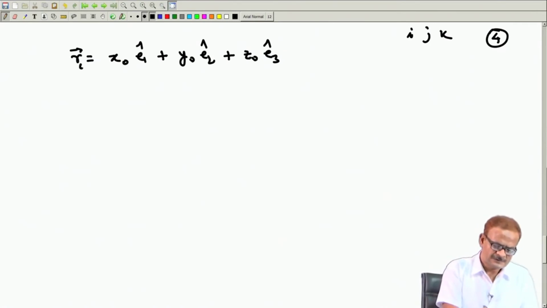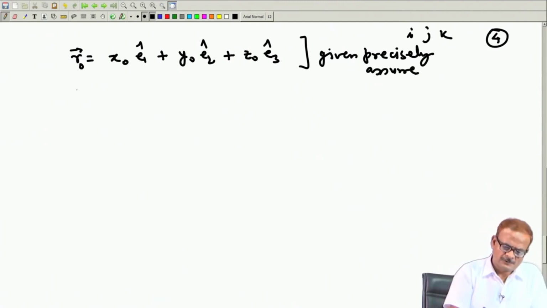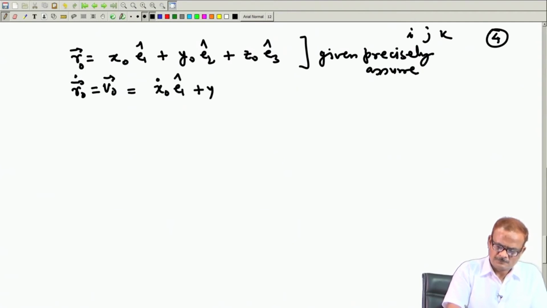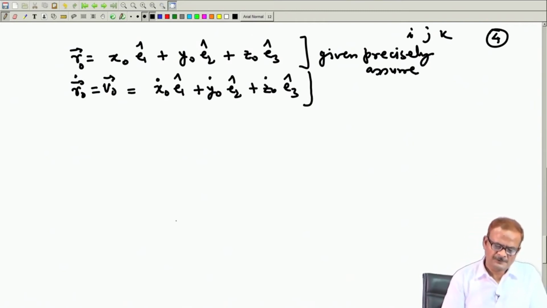So, this is the initial point, and let us assume that this is given precisely. In that case, we will be able to determine the orbit.